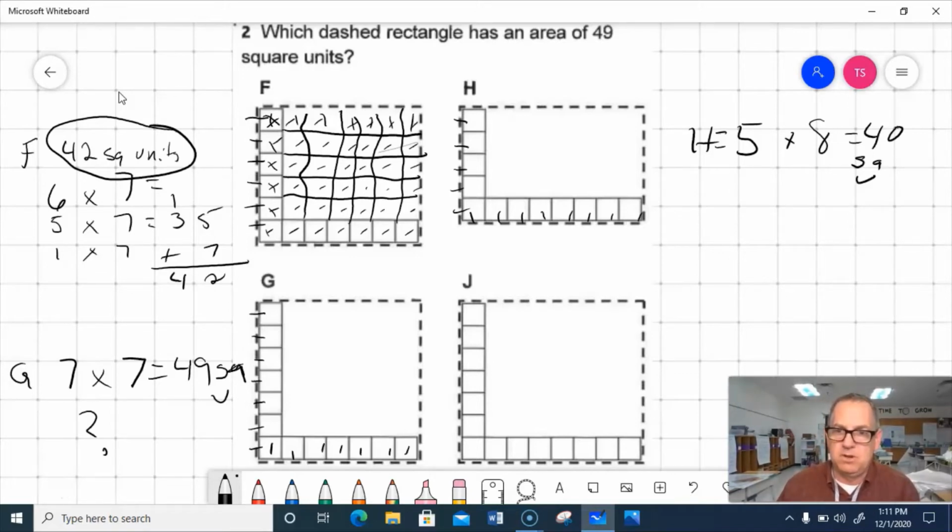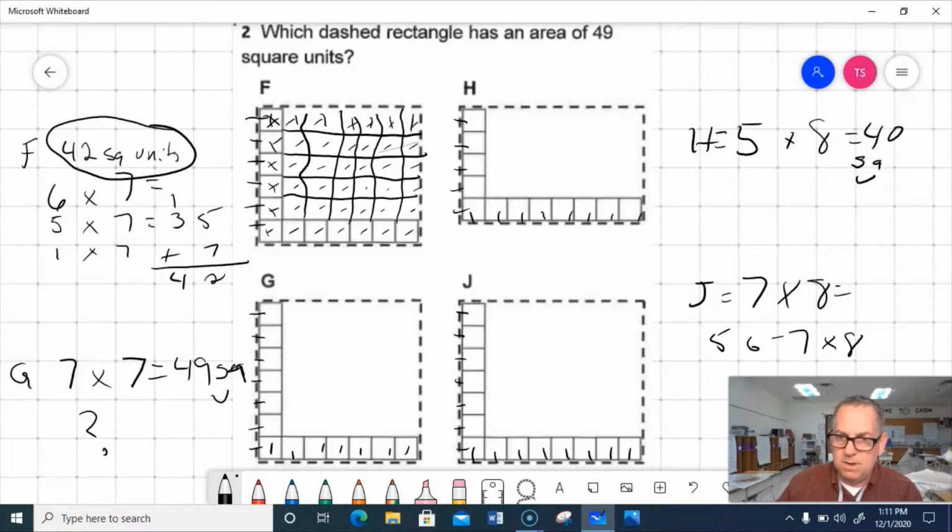And J, we'll go ahead and check out J. Rectangle J. The length is 1, 2, 3, 4, 5, 6, 7. So 7 by 1, 2, 3, 4, 5, 6, 7, 8. So 7 times 8. Remember we talked about this yesterday, I think it was. If you say 5, 6, 7, 8, then 7 times 8 equals 56.